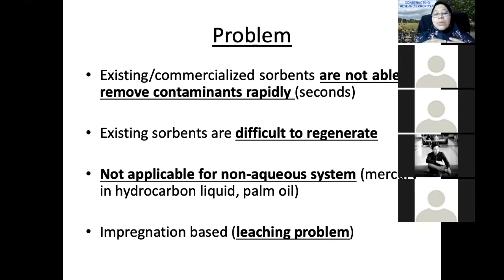Mercury is a big issue in oil and gas. It's not just because of the environment, it actually damages their piping, because mercury loves to form amalgam with other metals. It destroys their piping.